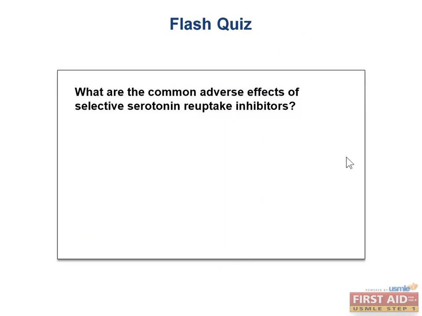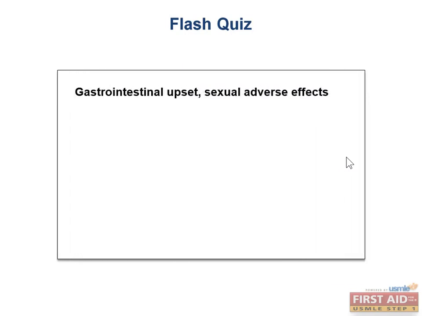Okay, flash quiz. What are the common adverse effects of selective serotonin reuptake inhibitors? The answer is gastrointestinal upset and sexual adverse effects. Now, the common sexual adverse effects are anorgasmia and decreased libido.